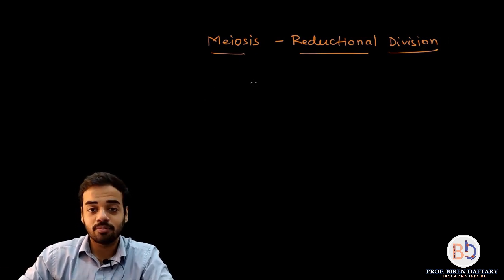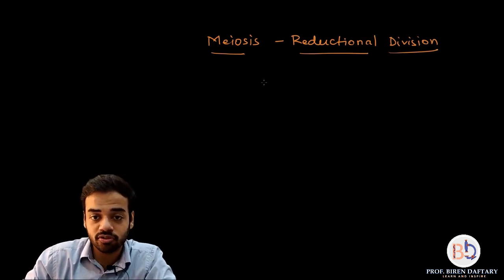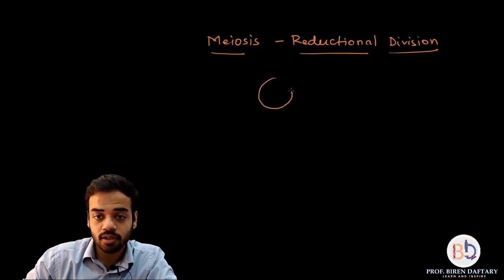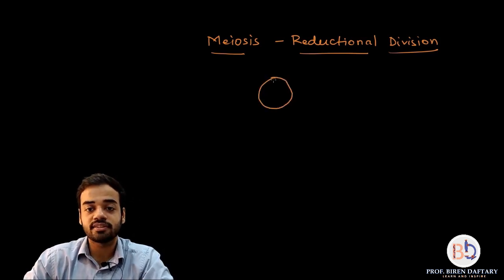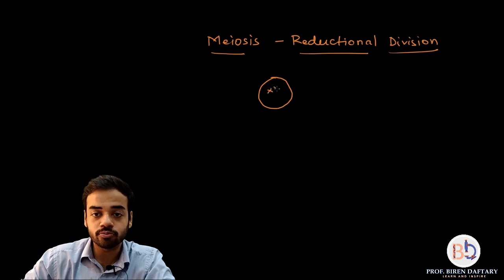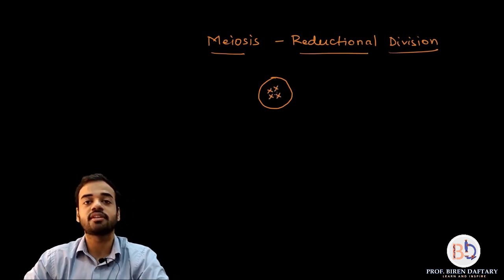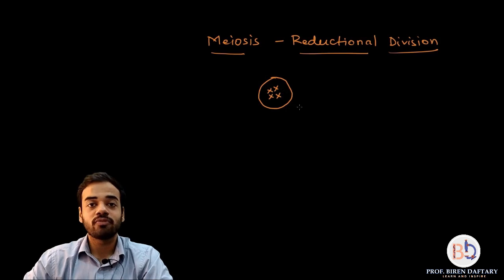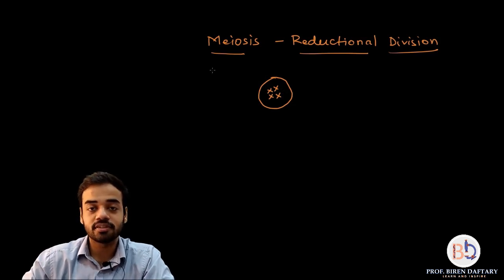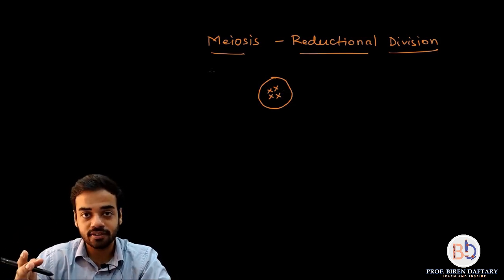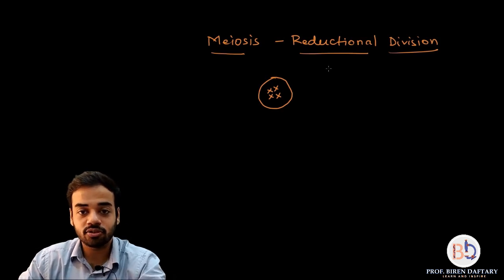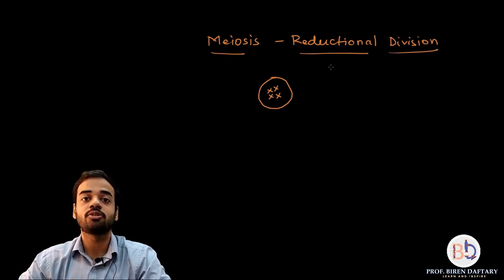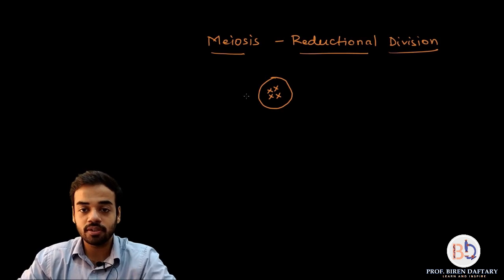This is just an overview of meiosis. Suppose this is a cell, and this cell has 4 chromosomes. Now when this cell undergoes meiosis, meiosis is divided into two parts: Meiosis-1 and Meiosis-2.